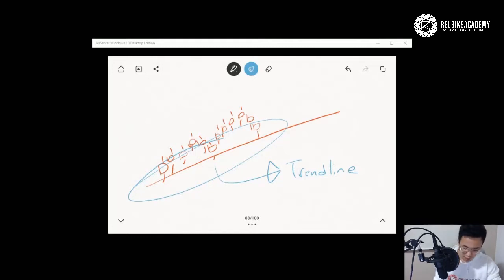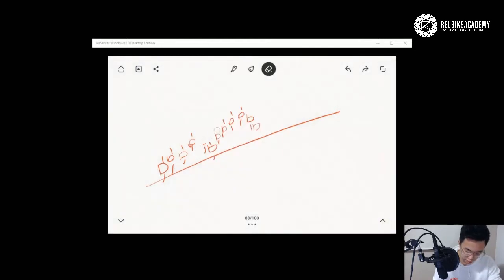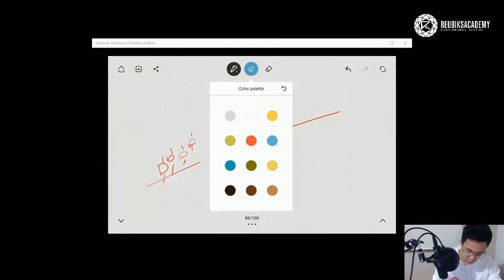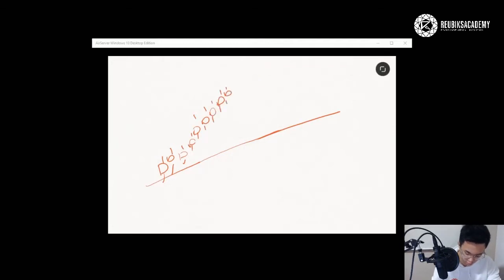Now, what if you can draw another trend line on top of this trend line? Okay? What does that mean? Let's say, for example, taking the same example, maybe instead of moving like that, it decides to move like that instead.